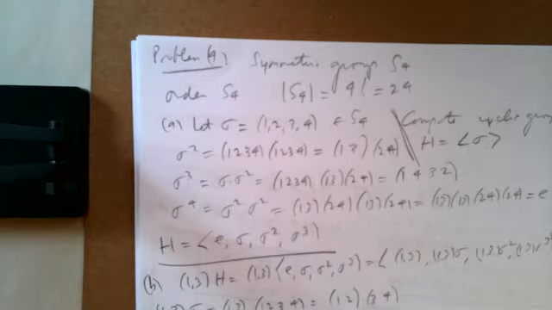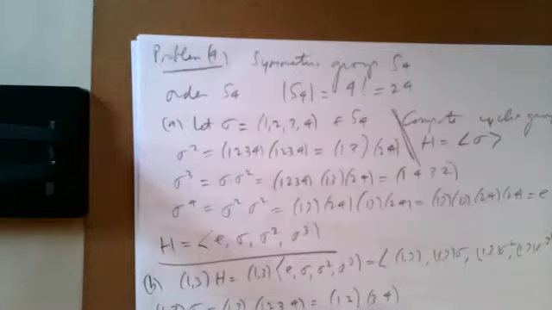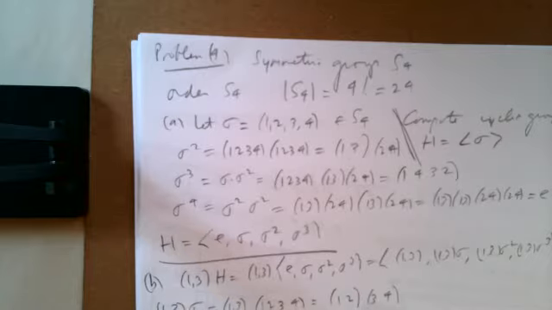So (1 3) sigma is (1 2)(3 4). What is (1 3) sigma squared? So that's (1 3), and what was sigma squared? (1 3)(2 4). (1 3) times (1 3) is the identity, so that's just (2 4).